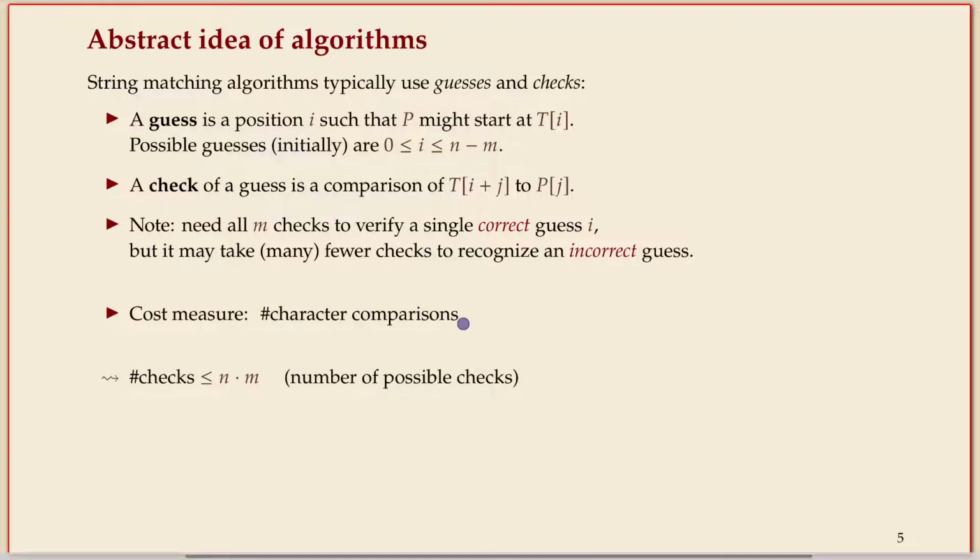That nicely leads us to a useful cost measure. So remember, this will come haunt us many, many times. The word RAM model says we should just count all these primitive instructions, but we don't often feel like coding at that low level. So instead, we count something that's the same for all these conceivable implementations, some abstract cost measure. And that's the number of character comparisons in this case, so the number of checks.